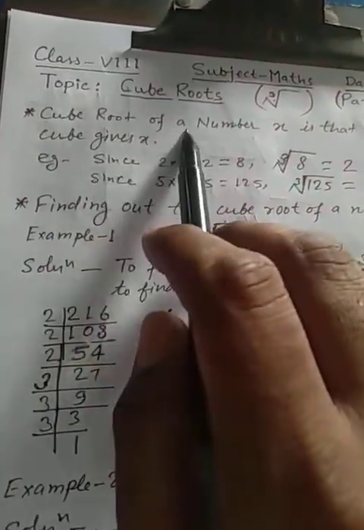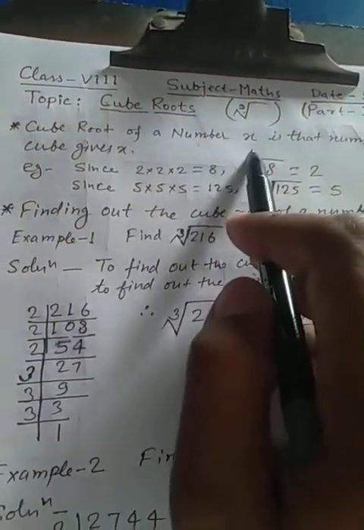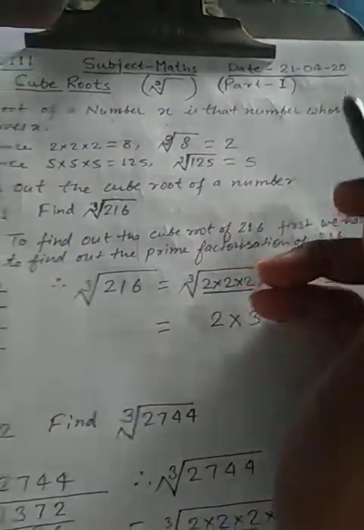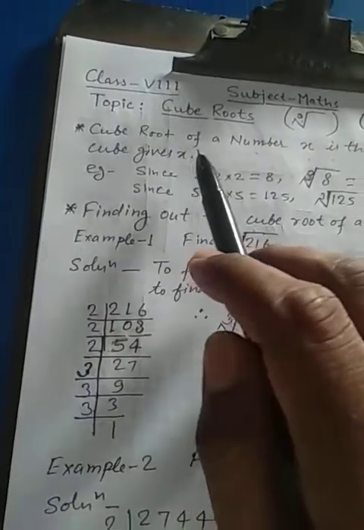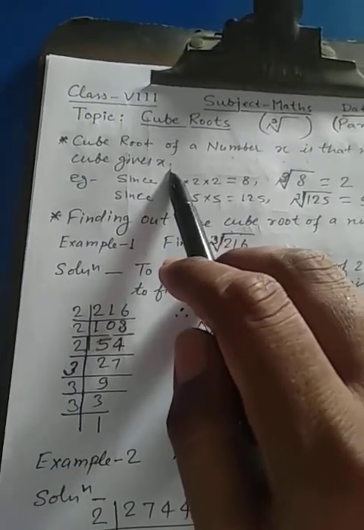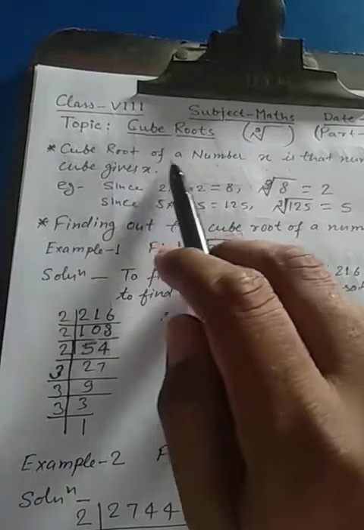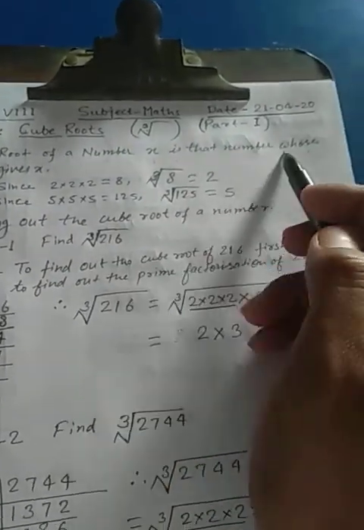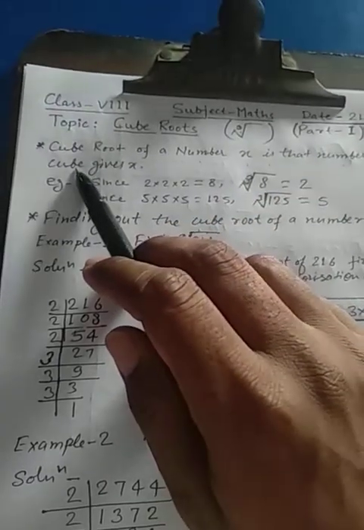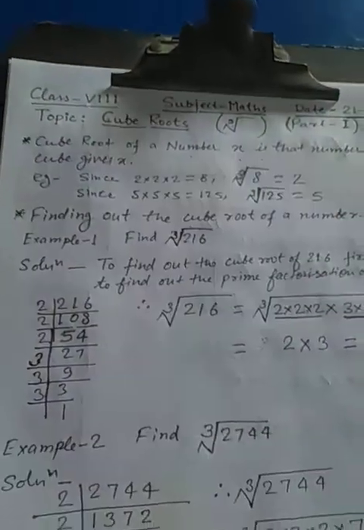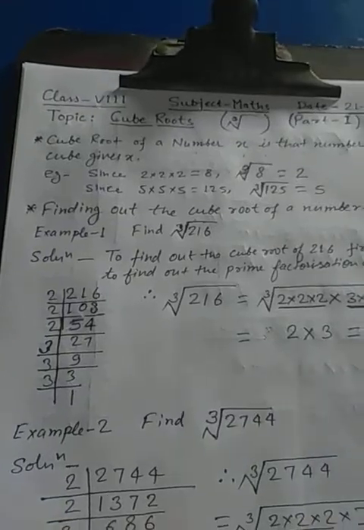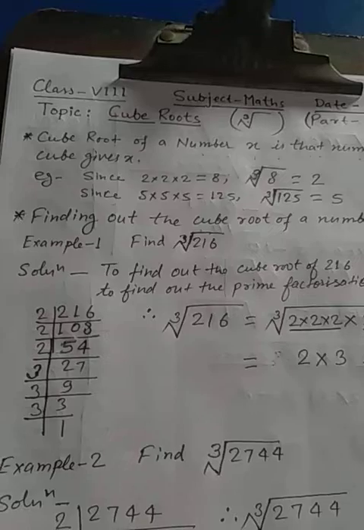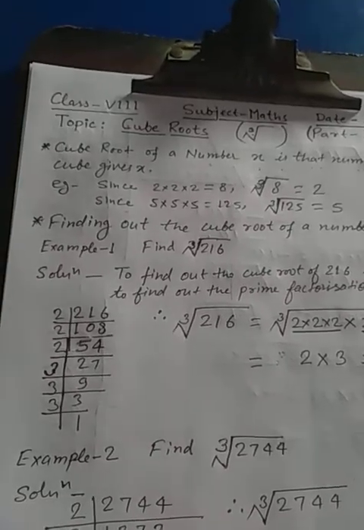Cube root of a number x is that number whose cube gives x. It means if the cube of x gives a number y, then x is called the cube root of y.